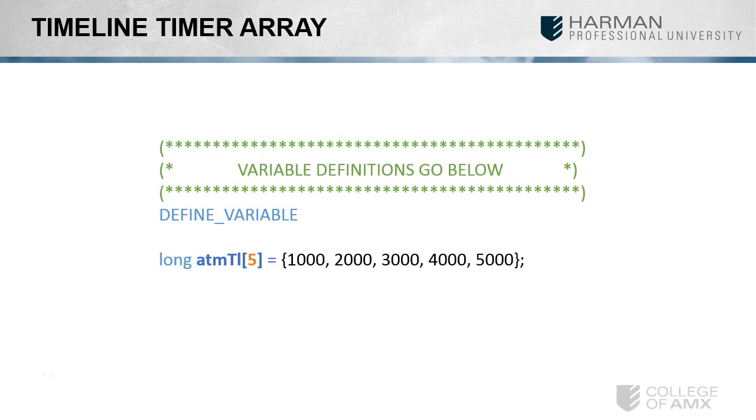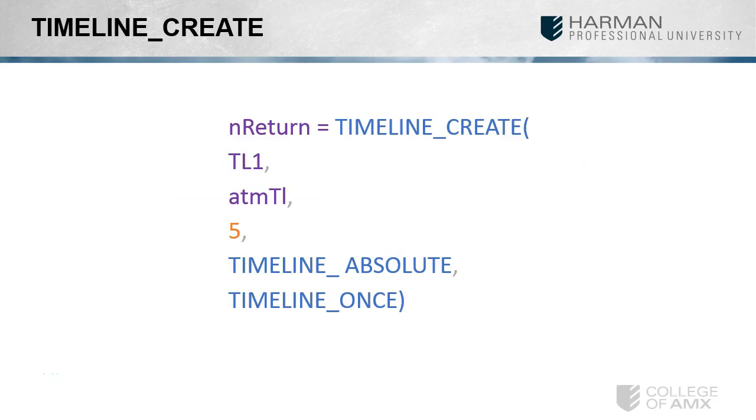Take a look at the time array defined here. We'll use this to create a timeline that will generate an event every second for 5 seconds and then end. This is an example of one way to create a timeline which generates an event every second for 5 seconds. TL1 is the ID of our timeline.